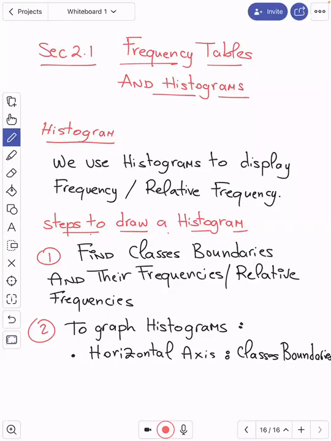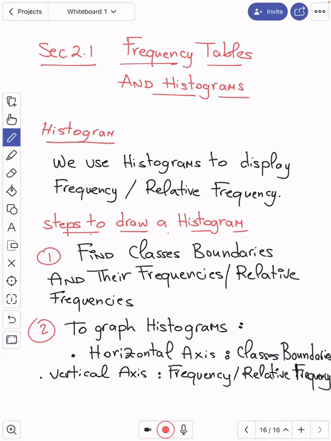And then on the vertical axis, you're going to put the frequency or the relative frequency of the class.